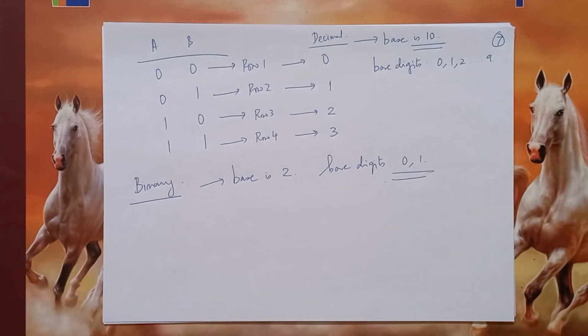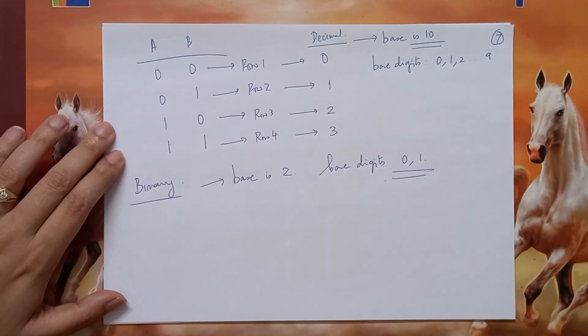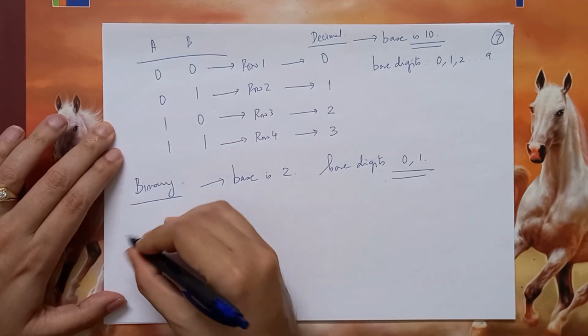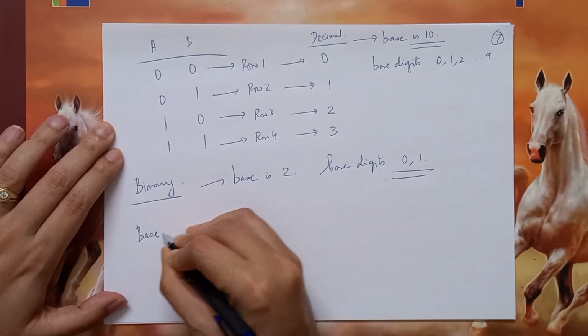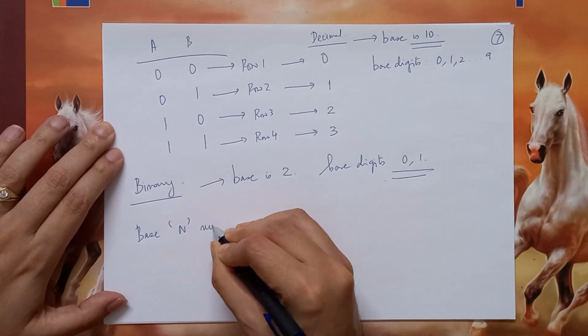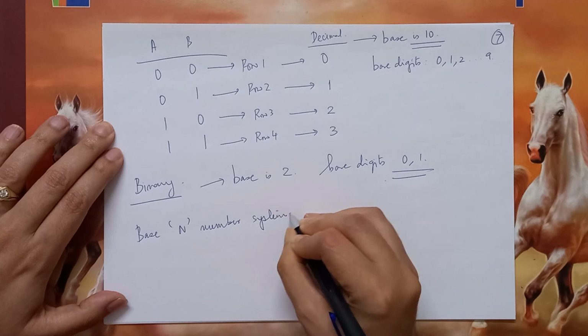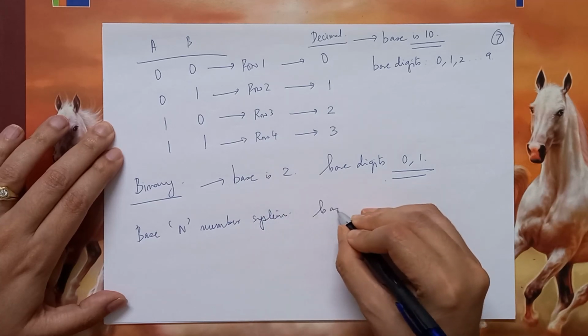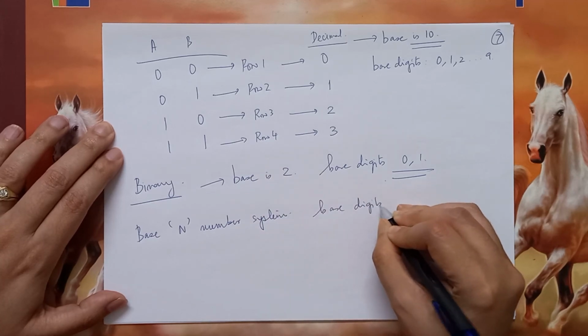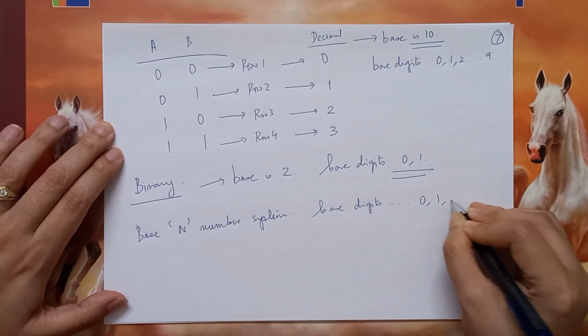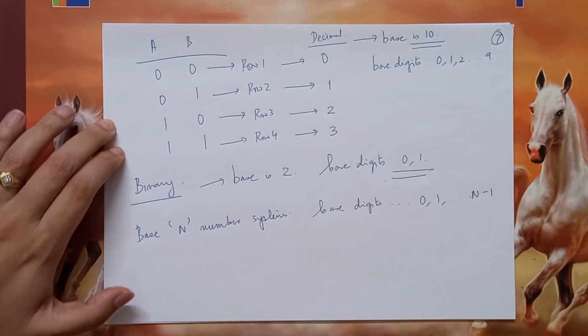This way you can define any number system with any base. So I can say base n number system. In that case, the base digits will be 0, 1 all the way till n minus 1.